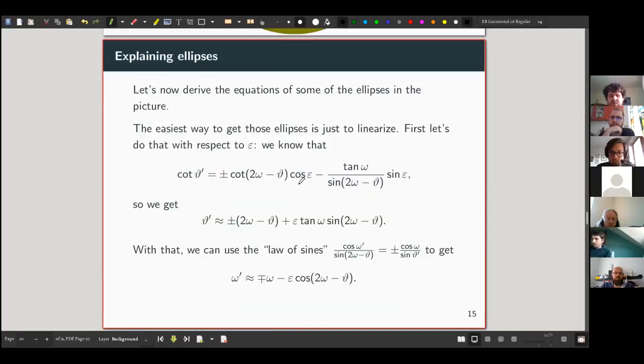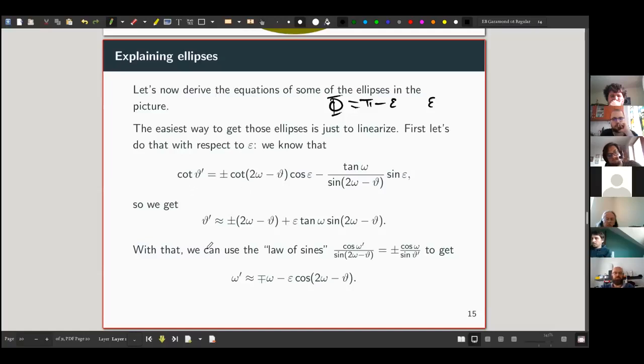And the only thing we did with them is just linearize with respect to epsilon. So we just put phi equals pi minus epsilon and assume that epsilon is small enough that we can just write it up to the first order of epsilon and throw out the rest.